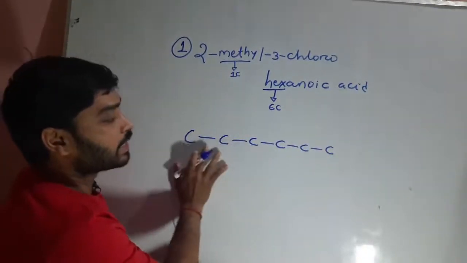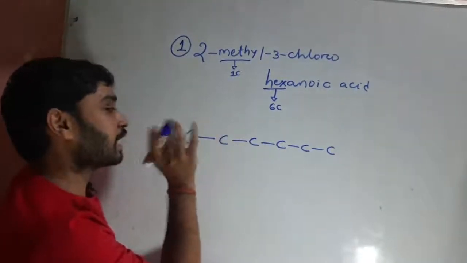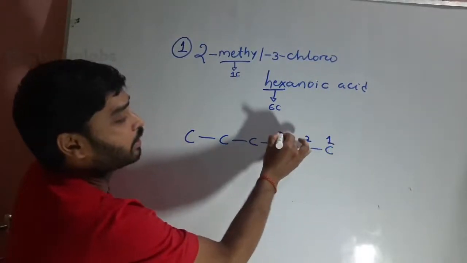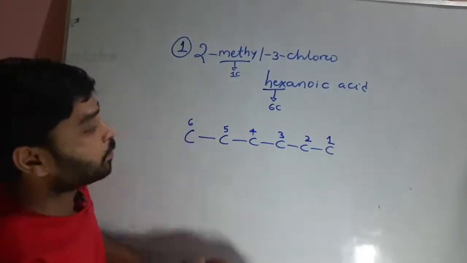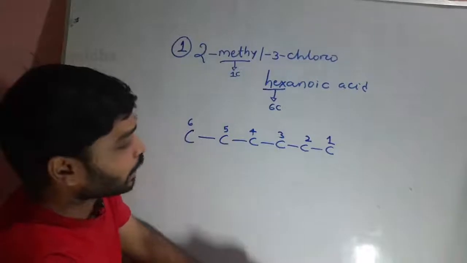After writing 6 carbons, I place the numbering, progressing from one end to another end. From this we can see that 6 carbons are present in the organic compound.